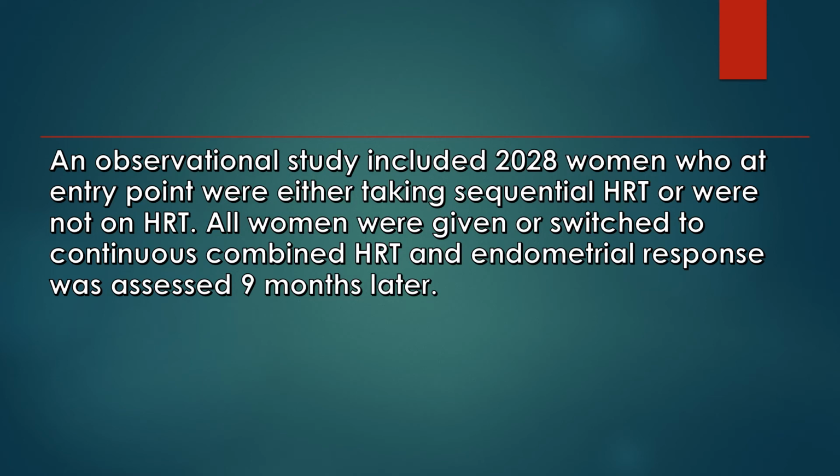An observational study included 2,028 women who at entry point were either taking sequential HRT or were not on HRT. All women were given or switched to continuous combined HRT, and endometrial response was assessed 9 months later.